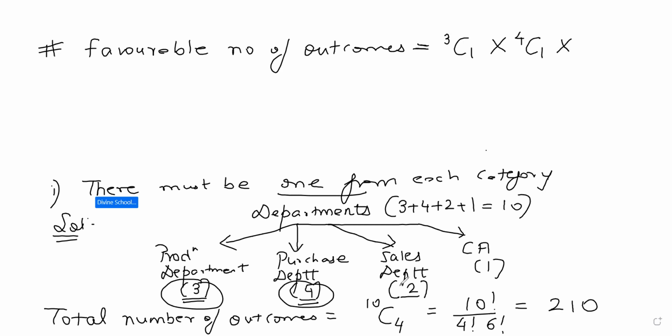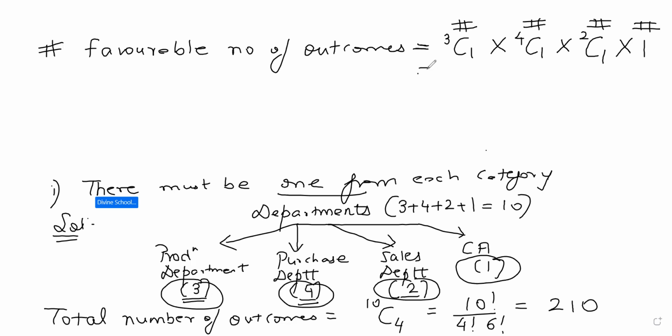And from 2 people in the sales department, I need 1. And I just need 1 CA, and in the department, there is only 1 CA. So that's 1 only. So 1 person should be selected from 3 in the production department, 1 person from 4 in the purchase department, 1 person from 2 in the sales department, and you only need 1 CA, and there is 1 CA.